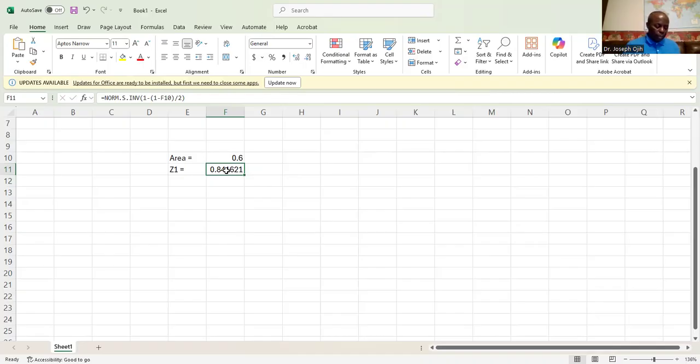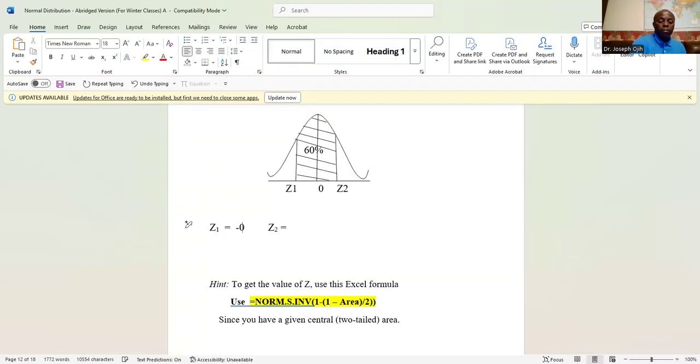So I'll make it two decimal places. Z1 is on the left side, so this is going to be negative: negative 0.84. Z1 is negative 0.84.